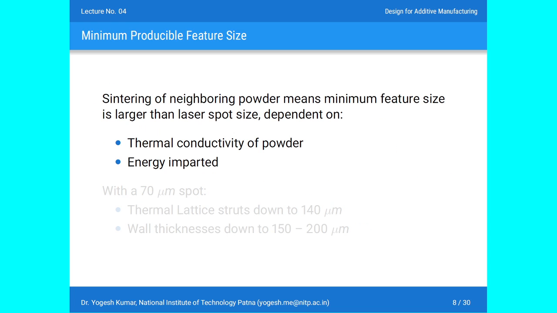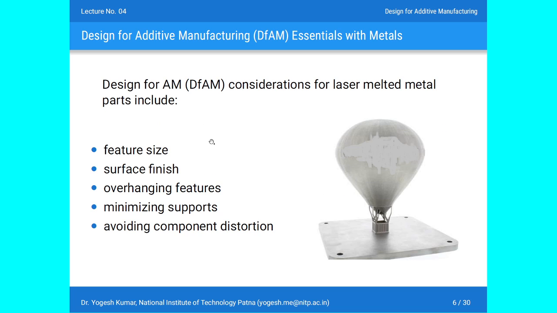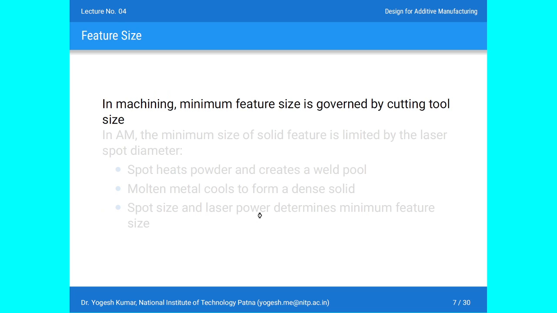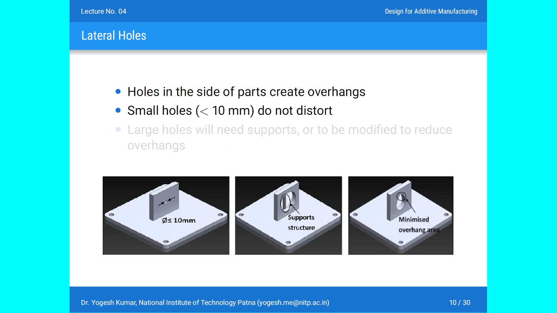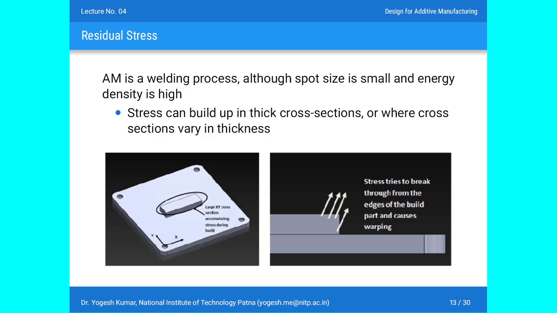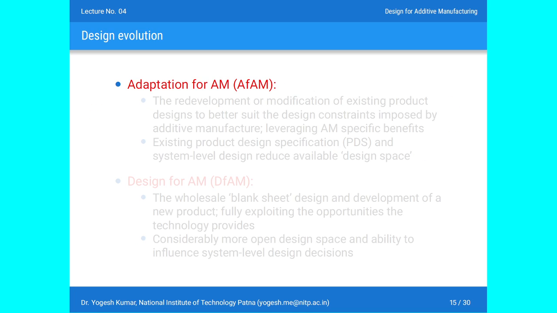We have discussed feature size, surface finish, overhanging features, how we can minimize the support material wasted because of the support requirement, and then how to avoid part distortion due to residual stresses.